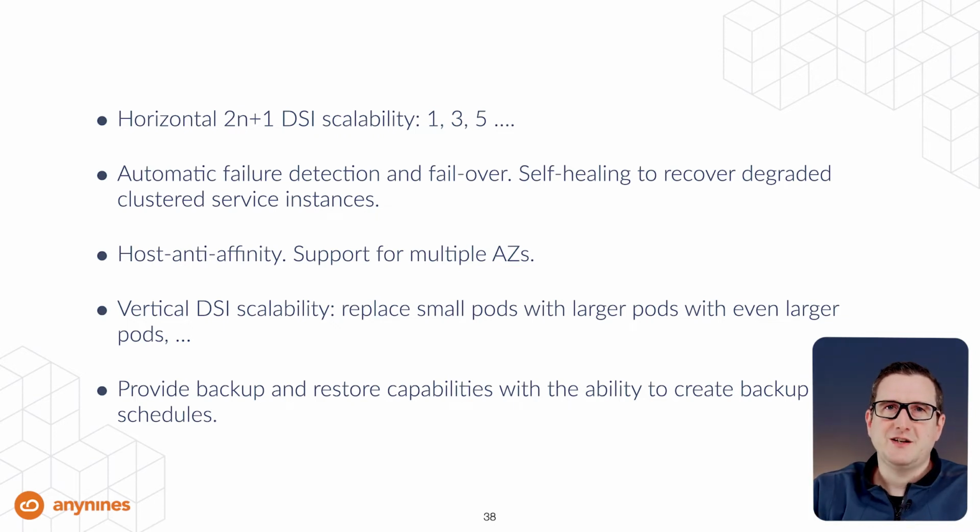Once you've done that, you also want to ensure if the pod comes back, it won't create a multi-master situation, for example. So the reintegration or the recovery from a degraded service instance is also something that you want to provide. When clustering service instances and having stateful sets, they should be aware of the underlying Kubernetes node. So you should have a distribution of pods across several Kubernetes nodes and ideally across several availability zones in the infrastructure.